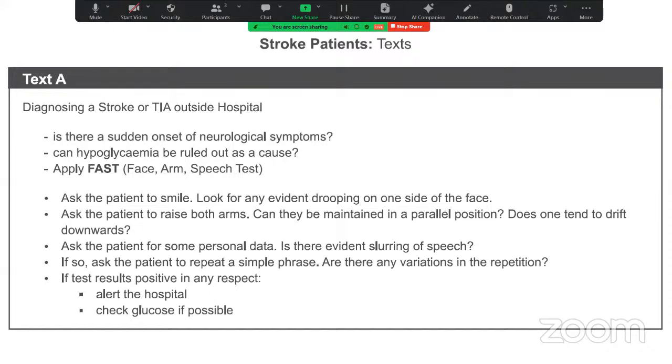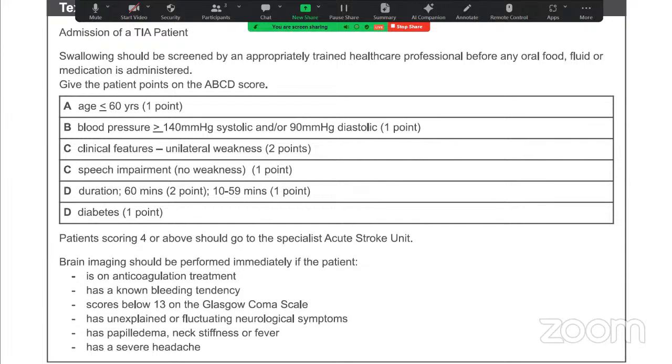Stroke patients, text A. This is how to diagnose. Diagnosis. This is text B. Admission.